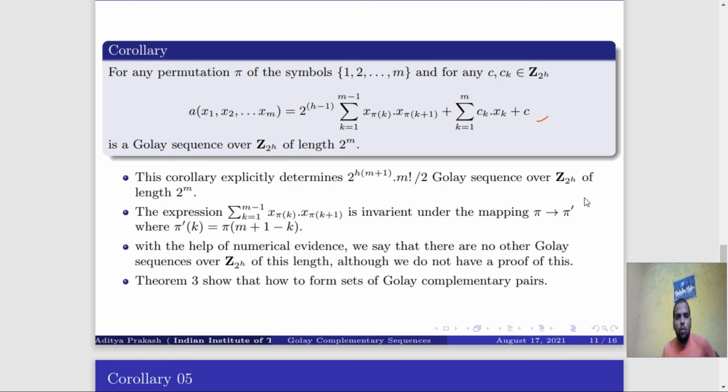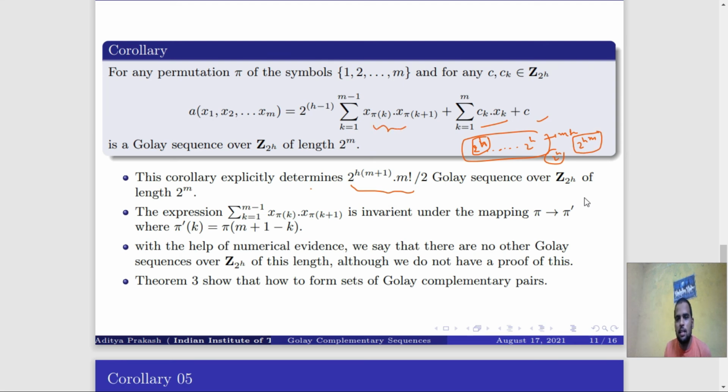Okay, and this is also a Golay sequence over Z to the power h of length 2m. To explain the determinant, how this term will get total 2 to the power m sequences, and h total m elements are there, and in one sequence up to m terms, and also there are 2 to the power h sequences, that means total 2 to the power h into m sequences are there.